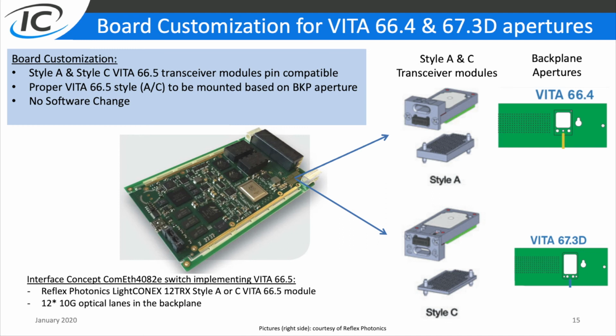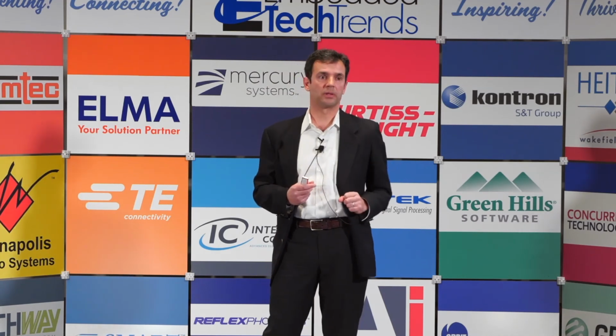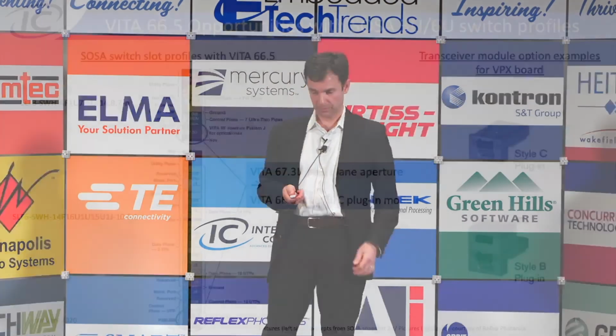The only differences to switch between one solution or the other is that we need to change the interposer between the optical transceiver and the PCB, and we need to use a different alignment feature, which is either positioned on top of the optical transceiver or below the optical transceiver.